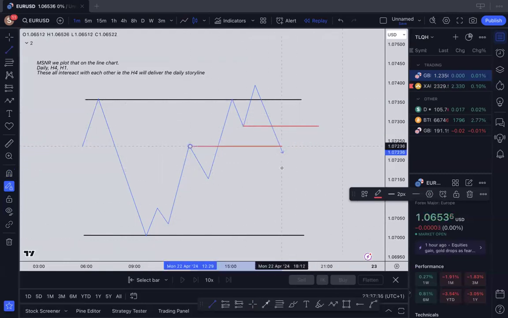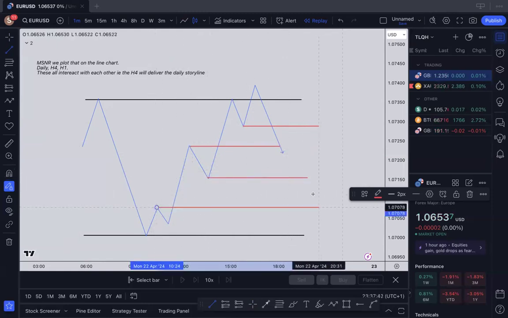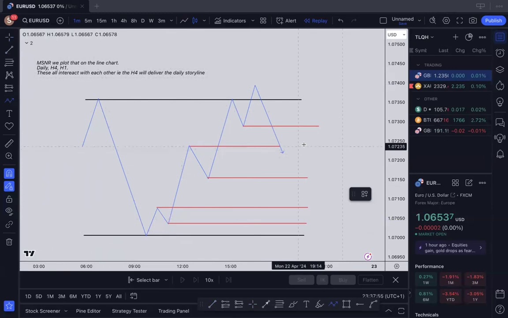Think of it, for example, like a bus. These are your two bus stops, bus stop 1 being the top line, bus stop 2 being the bottom line. And now these red lines are basically your buses.